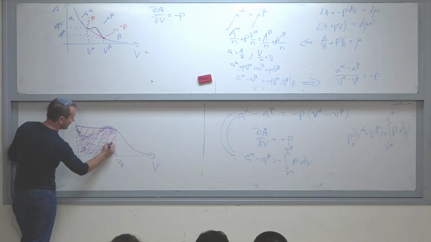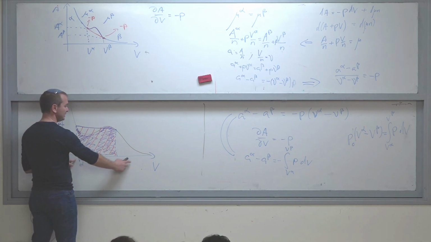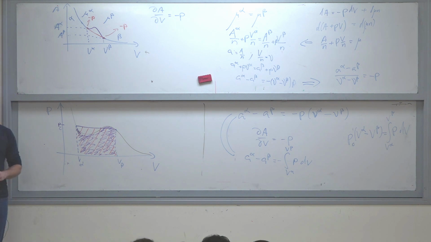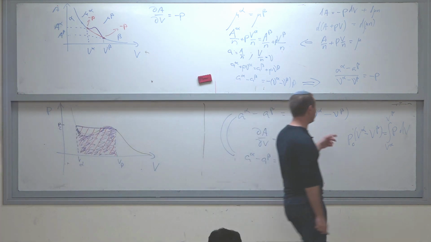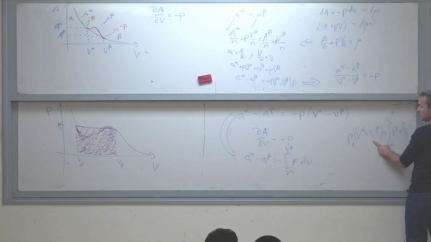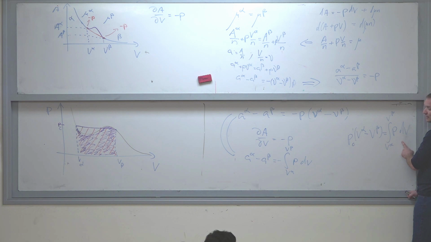So this is the equivalence of the two areas: the area of the rectangle and the area between the function, between the values V alpha and V beta, and the V axis. So I need to find such V alpha and V beta, and such PC, that the left-hand side will be equal to the right-hand side. How do I know how P behaves?